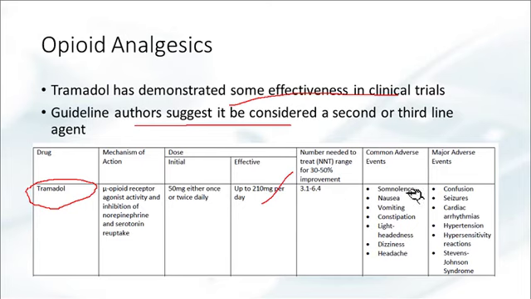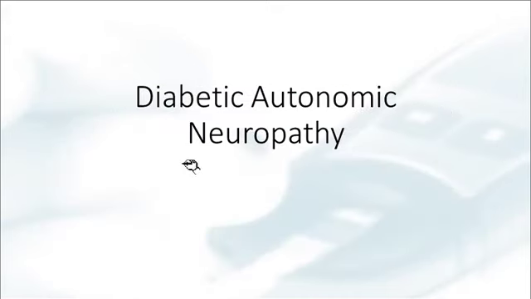And of course, it does cause somnolence, it can cause nausea, vomiting, constipation, lightheadedness, dizziness, and headaches. And its major adverse effects include confusion, seizures, arrhythmias, hypertension, hypersensitivity reactions, and of course, Stevens-Johnson syndrome. Right, the next thing we're going to discuss is diabetic autonomic neuropathy.